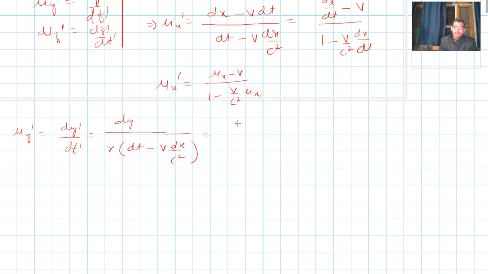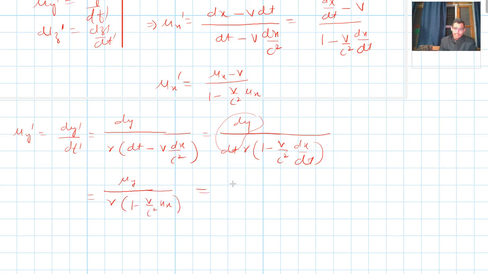So it is dy upon, dt can be taken outside, gamma times 1 minus v over c square dx over dt. Now dy over dt is basically uy, so it is uy over gamma times 1 minus v ux over c square, or it can be written as uy times the square root of 1 minus v square over c square, upon 1 minus v ux over c square, because 1 over gamma is this one.